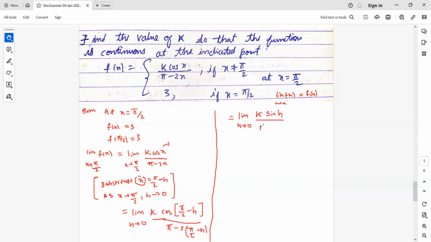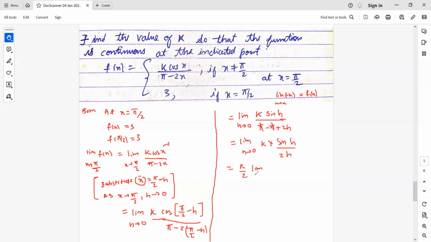So in the denominator, we will get pi minus pi plus 2h. Plus pi minus pi will cancel. So it will be nothing but a limit of h tends to 0, k into sin h upon 2h. Now, to make use of the formula, k by 2 is constant, so we write it outside.